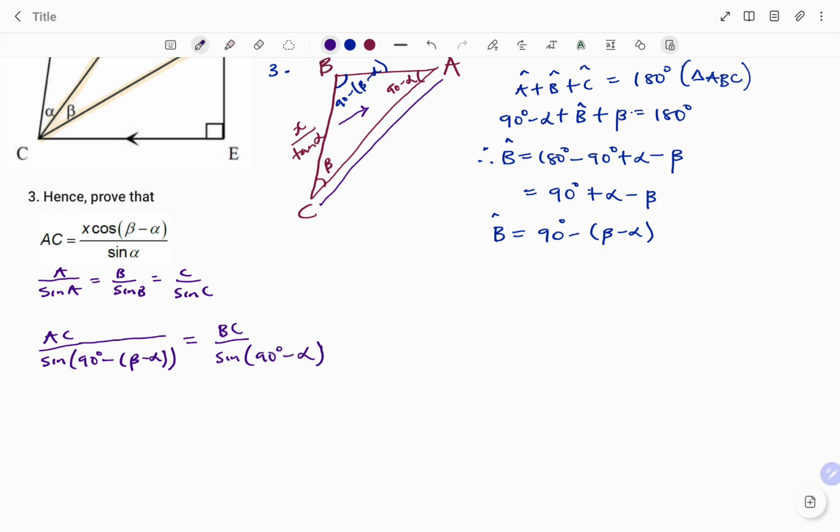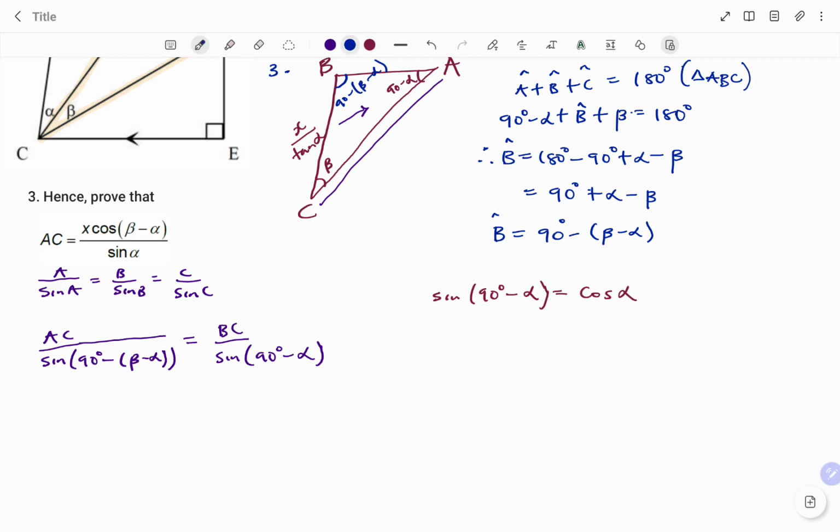Simplifying this, I know BC to be x over tan alpha. Also, note that sine of 90 degrees minus alpha is the same as, no, that's going to be cos of alpha.